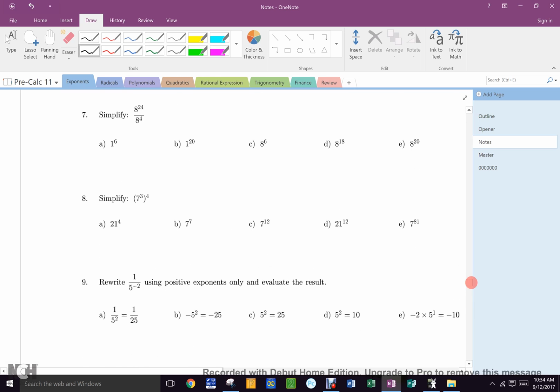Okay. Now, who would like to give me an answer for number 7? E, for the reason I just explained to you. This is 24 eighths. This is 4 eighths. 4 of those 24 disappear, leaving you with 20 of them.